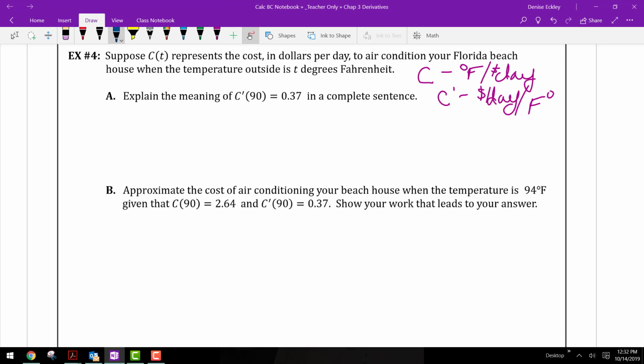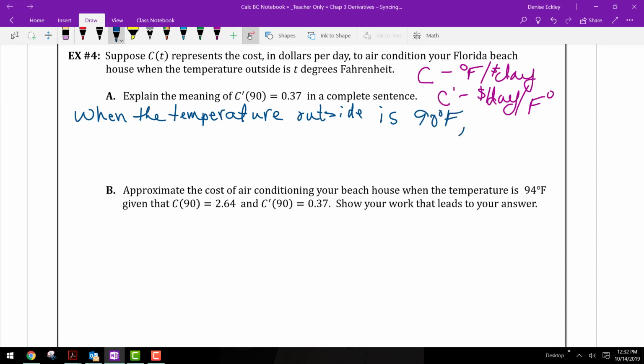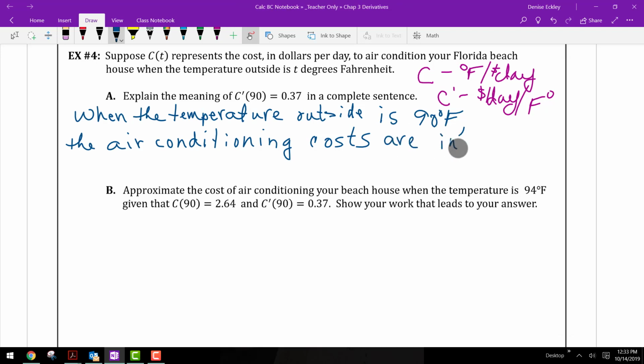So when we write C prime of 90 equals 0.37, what we're saying is when the temperature outside is 90 degrees Fahrenheit, the air conditioning costs are increasing, and since this is a derivative, it's going to be a rate, by 37 cents per day.